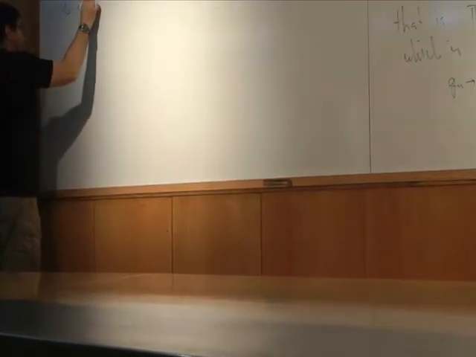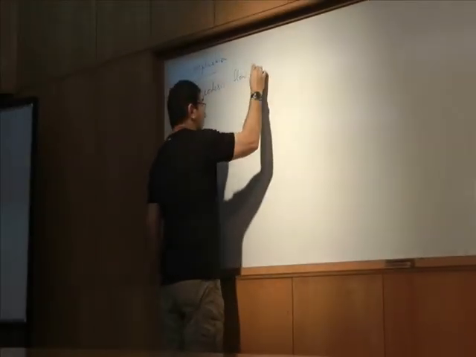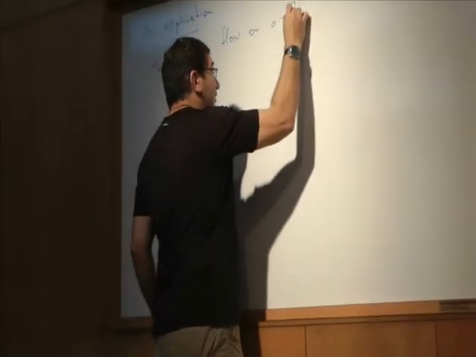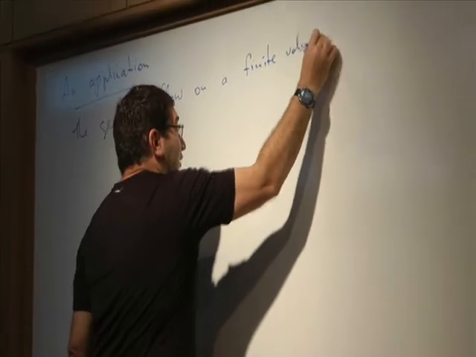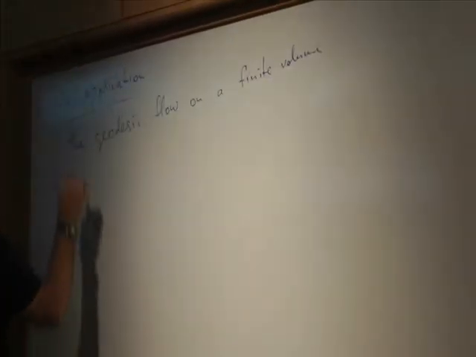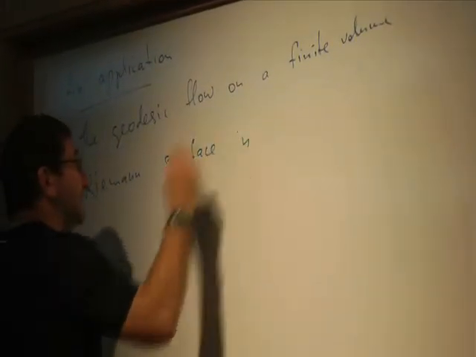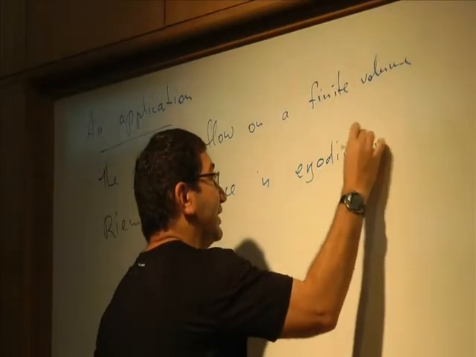The geodesic flow on a finite volume Riemann surface is ergodic. In fact, mixing.